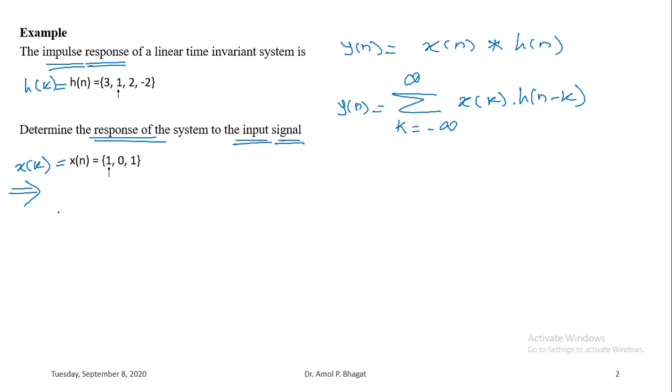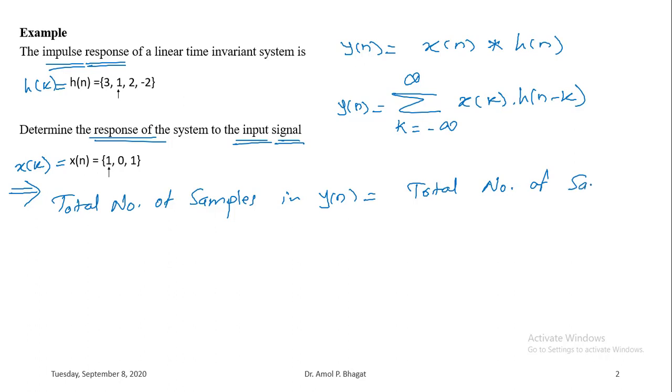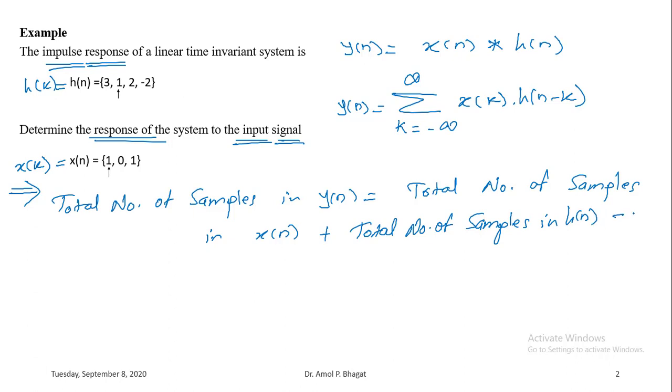Here also we will be identifying the total number of samples in y of n, which will be the total number of samples in x of n plus the total number of samples in h of n minus 1.